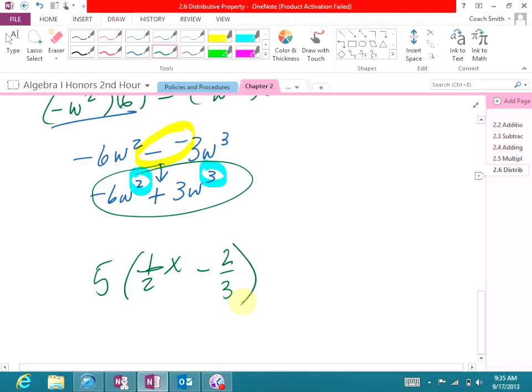Now remember, multiplying fractions or multiplying whole numbers times fractions do not have to have common denominators, so don't try to do that. Obviously, the 1/2 x has a variable with it. If you have not had your pictures taken, now's the time to go. Thank you very much. Obviously we can't put 1/2 x and 2/3 together because 2/3 doesn't have an x.